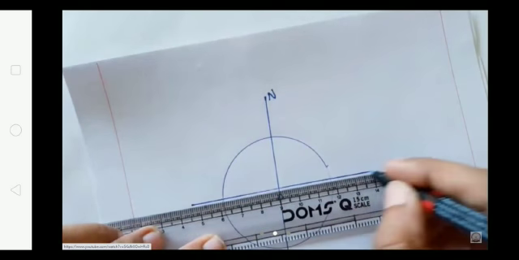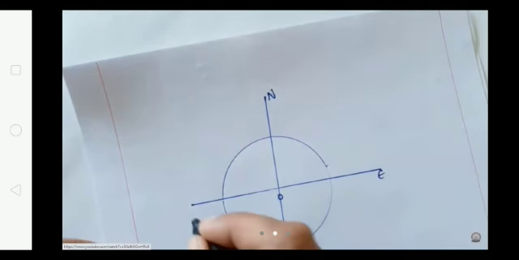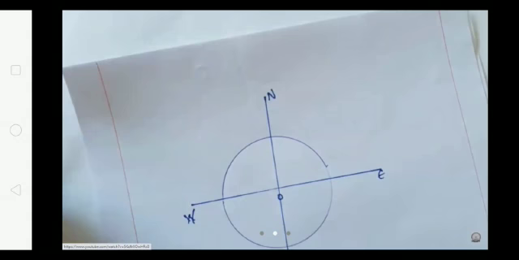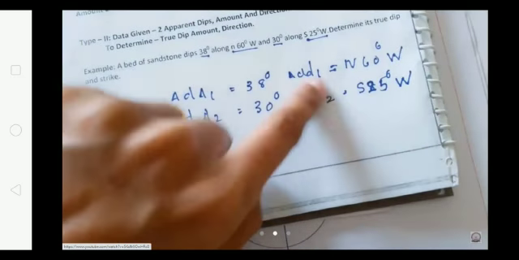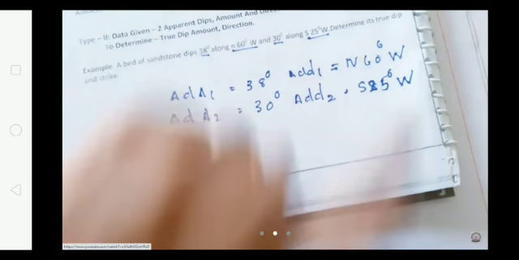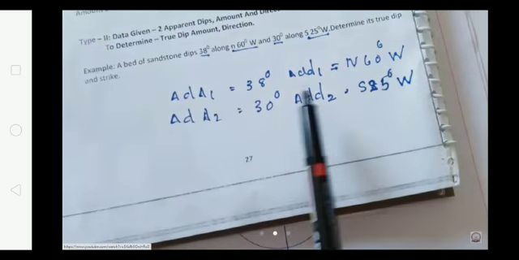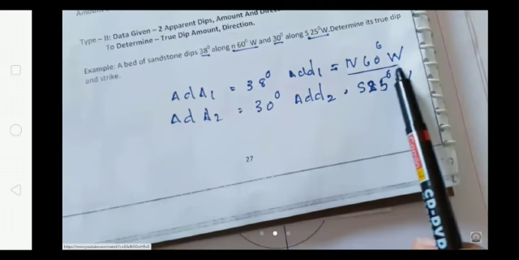You just see where they meet, that is O, the intersection point. So we'll start with AD1, apparent dip 1. AD1 is 38 degree north 60 west. AD2 is 30 degree south 25 degree west.